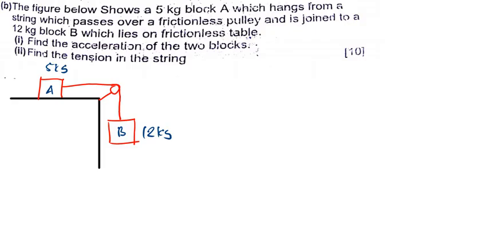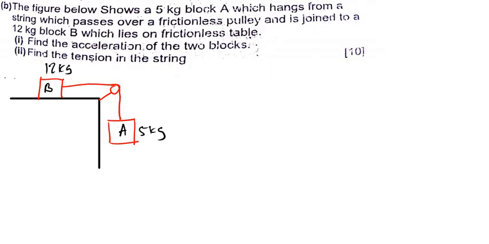From the diagram here, they were supposed to give us the diagram, but I think I lost the diagram. So from the question, it should be like this. I have swapped this because they are saying a 12 kg block which lies on the frictionless table. So meaning that B is here, and this is 12 kg, and this is A, that is 5 kg.